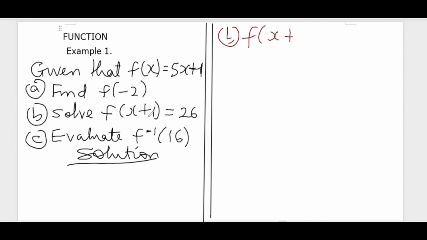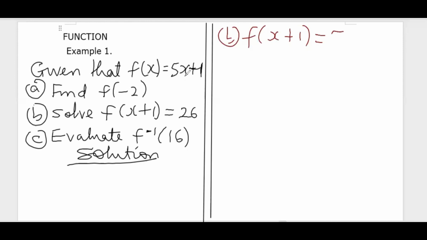So we say f of x plus 1 is obtained by replacing the value of x here with whatever you see inside the bracket. So that means the whole expression here, which is x plus 1, is what you are using to replace x in the function here. That means wherever you see x in this expression, we replace it with x plus 1.